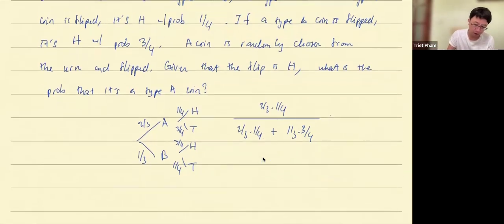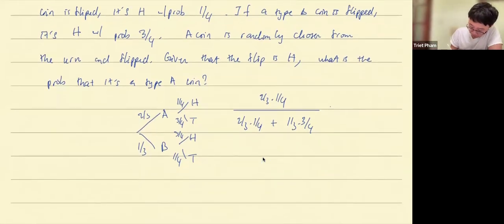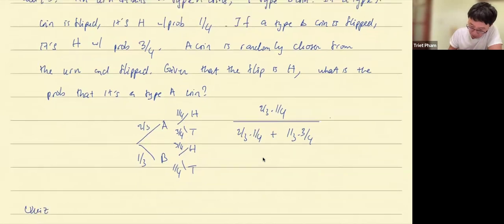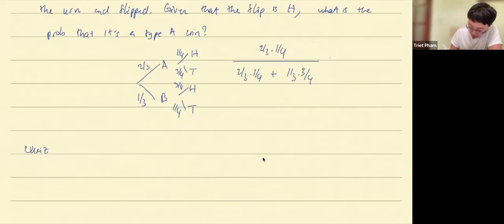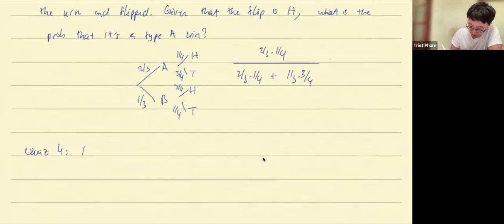All right, let's do one more. This is question 3.13. These are questions that are long to write, so I want to try to just write the abbreviation of it.